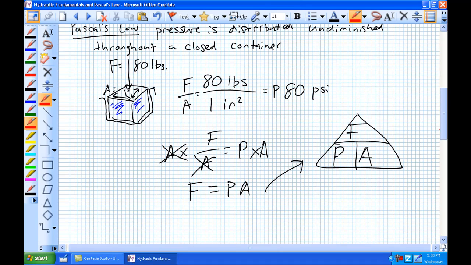Okay? So let's say I'm experiencing a pressure of 100 psi on an area of 2 inches squared.